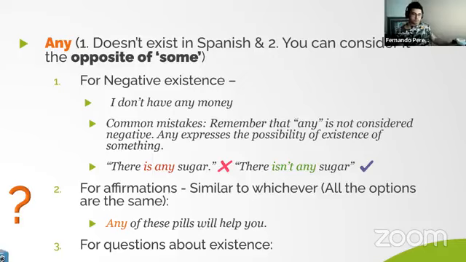Common mistakes. Remember that any is not considered negative. Any expresses the possibility of existence of something. "There is any sugar." This is the mistake. The correct form is there isn't any sugar.